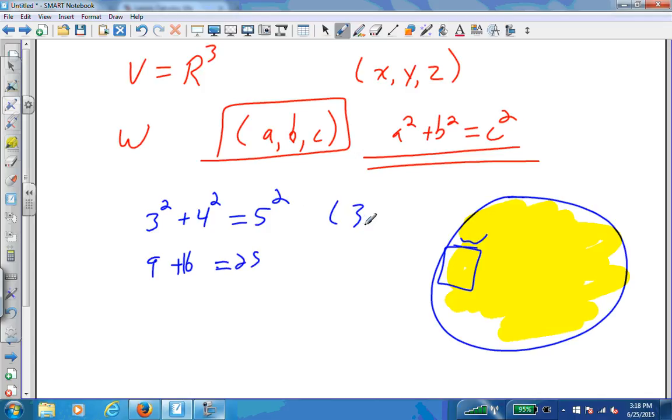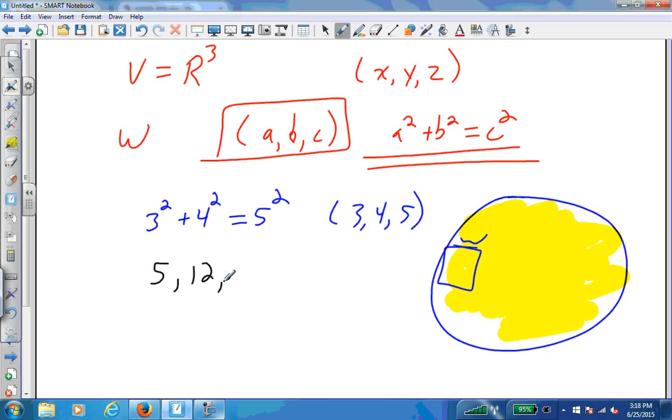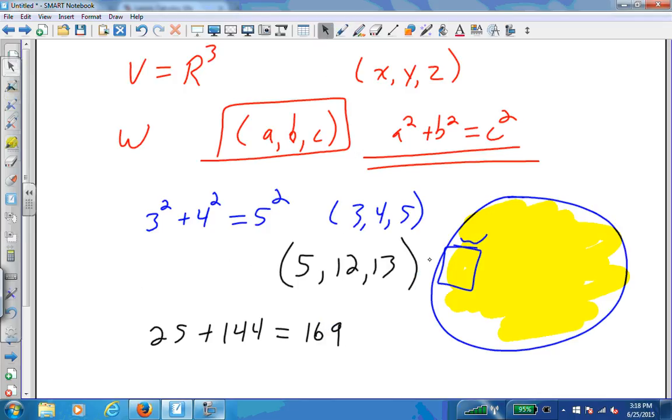So 3, 4, 5, that's a Pythagorean triple. 5, 12, 13 is another Pythagorean triple. 5 squared plus 12 squared is 13 squared.